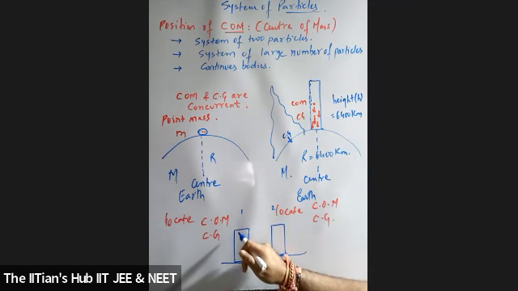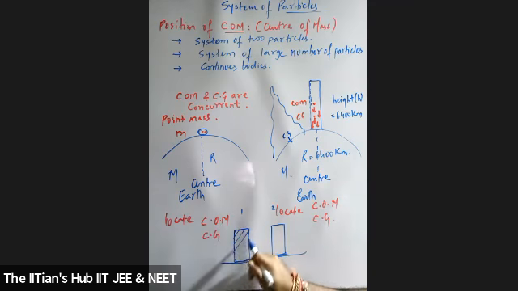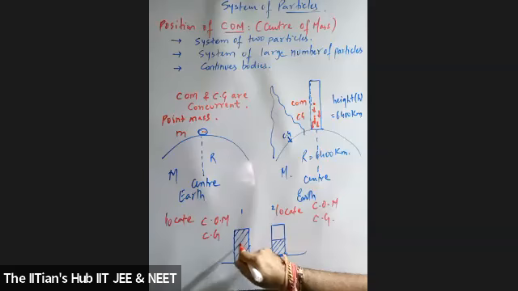I have filled this entire bottle till its brim, but this bottle I have filled only halfway. So tell me, where is the center of gravity of this first one? Geometrical center. Yes. Agree?